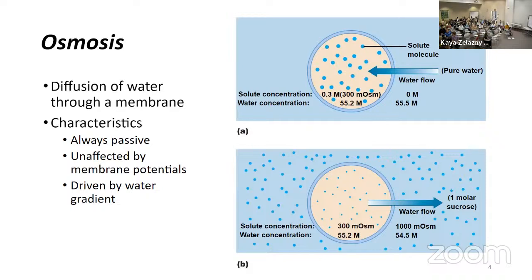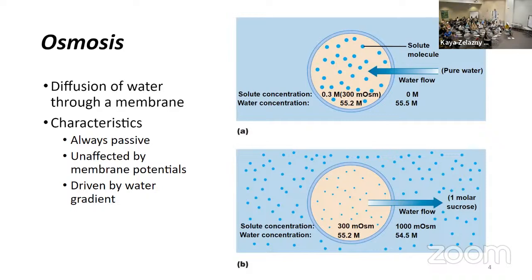So this means that we can always have the movement of water under our baseline conditions. It's going to happen passively, it's going to happen automatically. This is not going to be affected by any of our membrane potentials, these electrical driving forces, electrochemical driving forces we've been talking about, right? Water interacts with charged particles, but does not itself have a full charge on it.